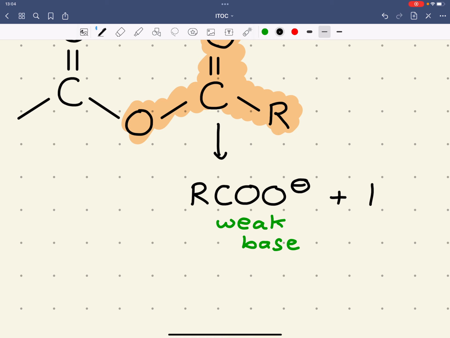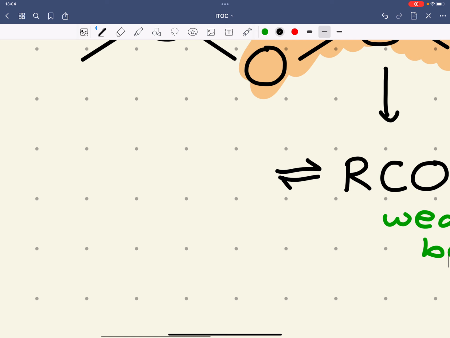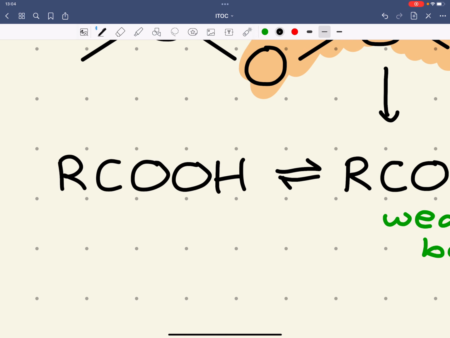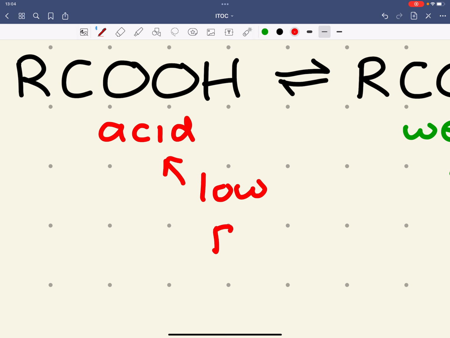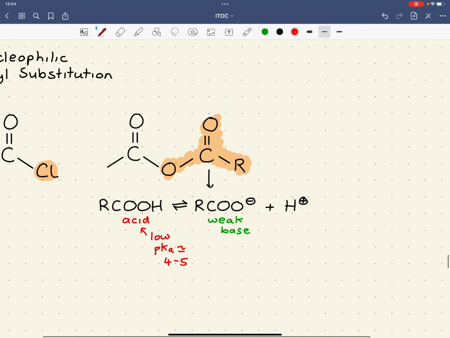Again, if we have a look, this here is my acid, and it would have a relatively low pKa, usually a pKa of around 4 to 5. So this means that this group is a good leaving group.